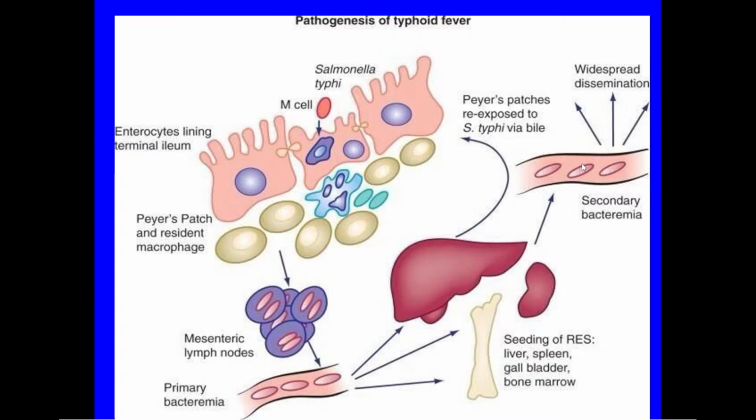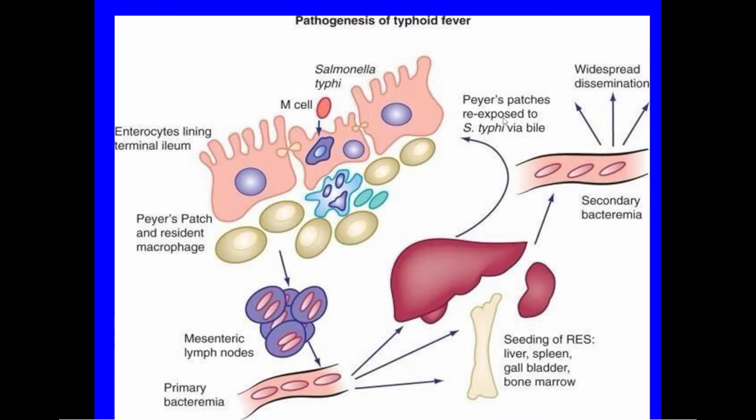The endotoxin is released. So then the generation of temperature happens, fever, and a very severe state that is called endotoxemia, when the endotoxin is spread through the bloodstream. That is the beginning of the disease. Then we have widespread dissemination, and they may also reinfect through the gallbladder.